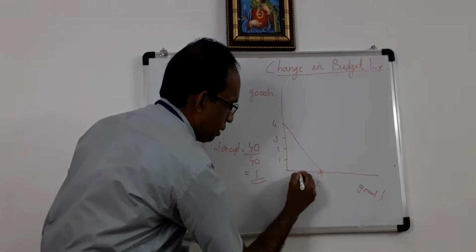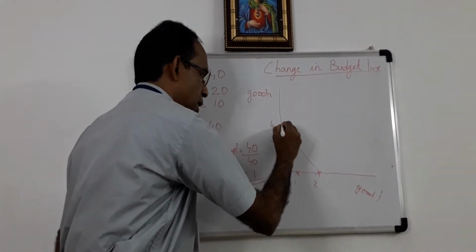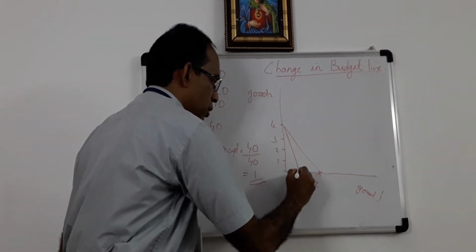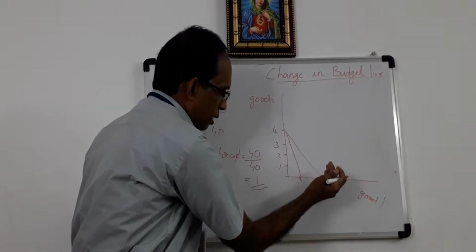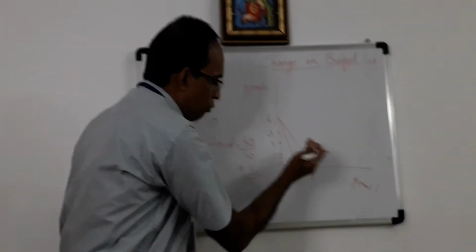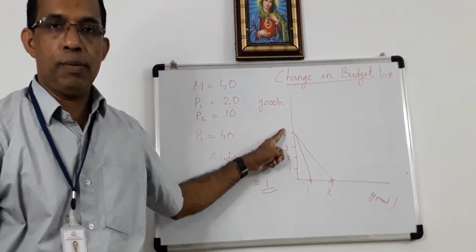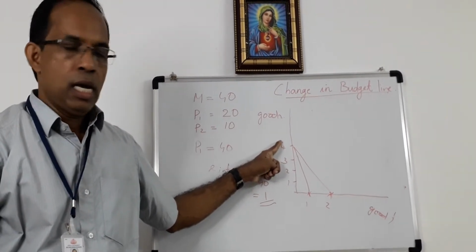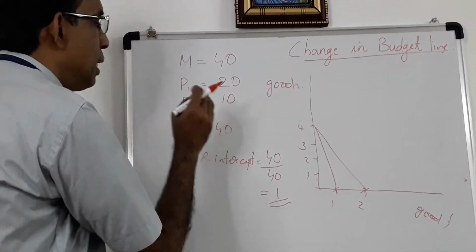New x-intercept is 1, and no change in the y-intercept, and new budget line is this one. That means the budget line pivots inward around the y-intercept, with the x-intercept decreasing. Clear?